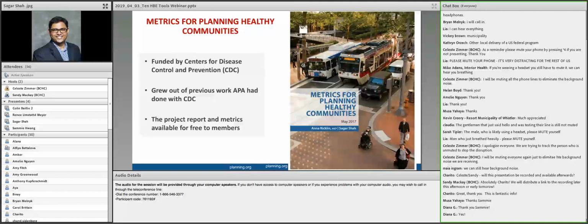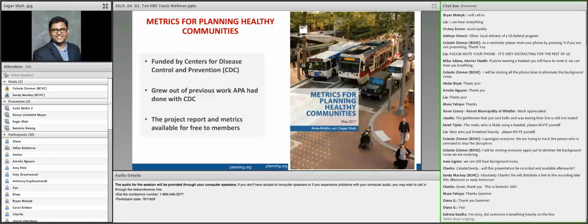The work was funded by CDC, and it grew out of our previous work with CDC on comprehensive planning and implementation. In that work, the role of health metrics and indicators was highlighted. And we decided, okay, let's take the work further and work on this project where we talk about metrics, policies, and indicators related to planning healthy communities.